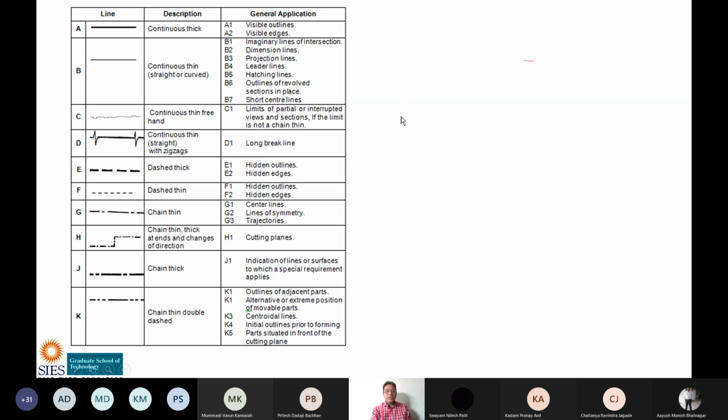Now, when you are drawing a drawing, we should have a differentiation between how a drawing looks. For example, if I draw a drawing like this, I'm talking about differentiation. Mind me, I have not had enough practice of drawing lines on this digital tab, so my lines do not come straight.